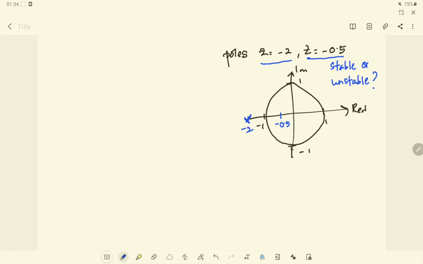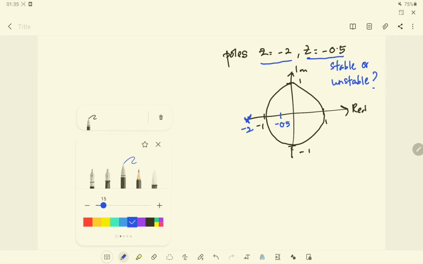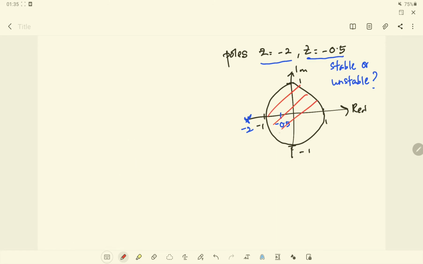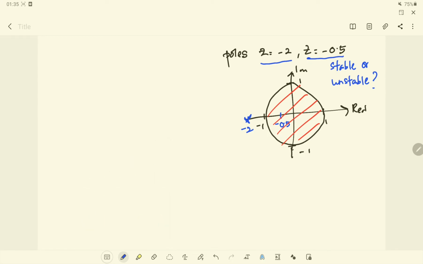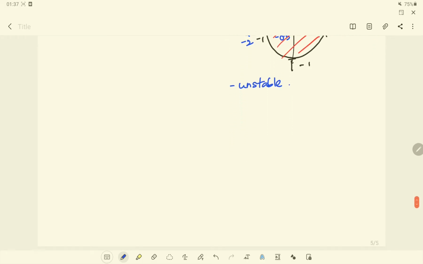When you plot them, only one pole is within the unity circle. So back to the question, the system is unstable, because only one pole is located within the unity circle. Okay, so that's all about stability.